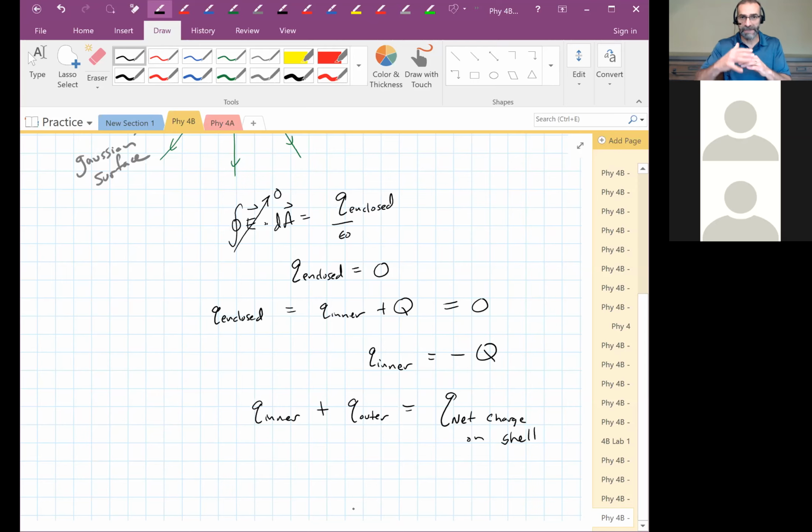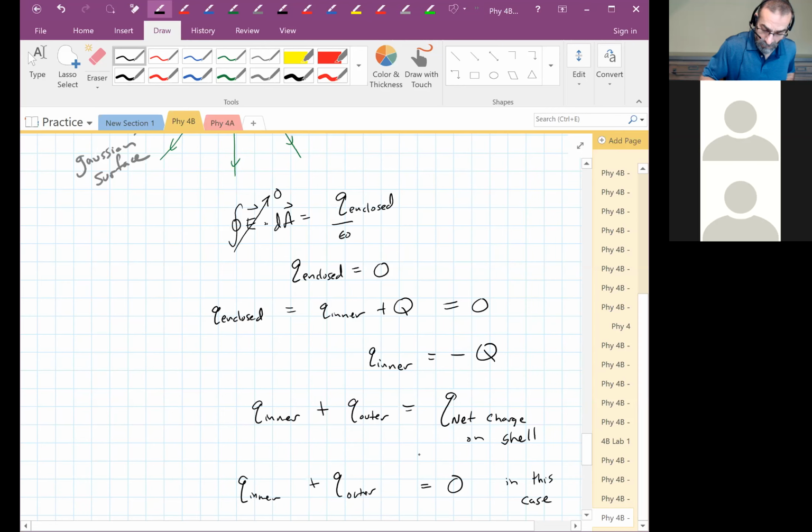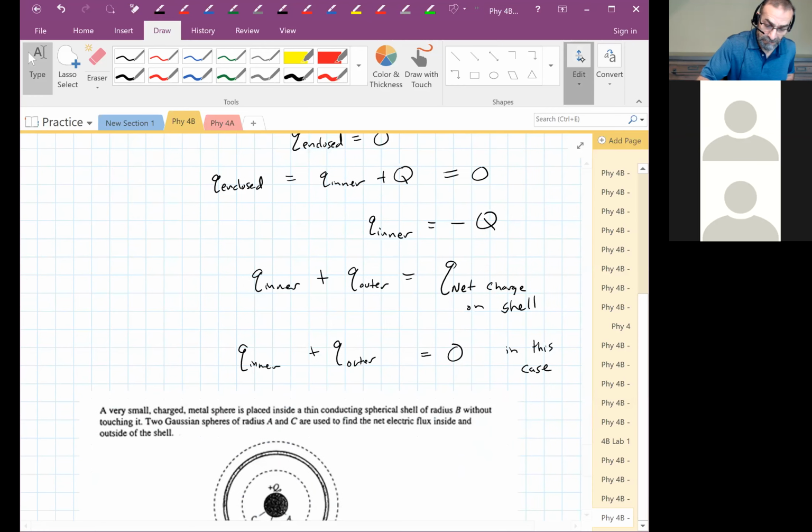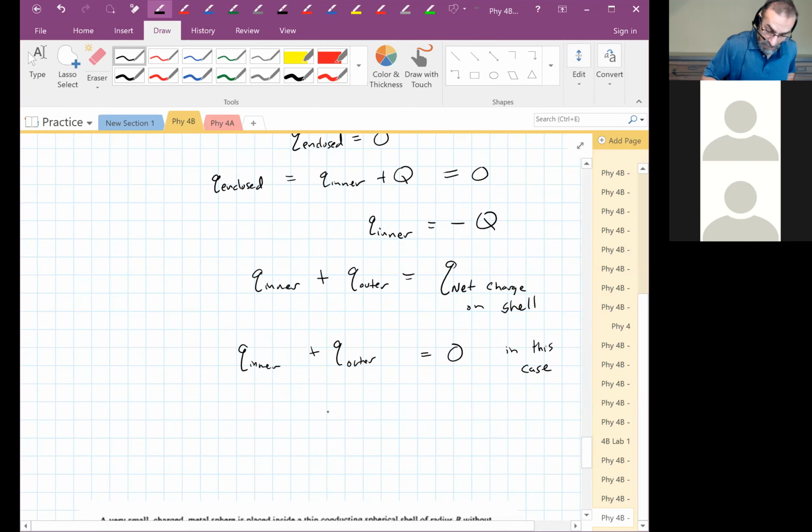It'll be on the outermost surface or the innermost surface. So Q inner plus Q outer has to equal the net charge on our shell. And in this case, it was neutral, so it's 0. And so we end up with Q outer equal to plus Q.